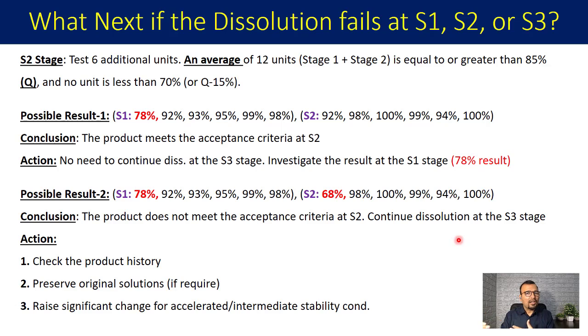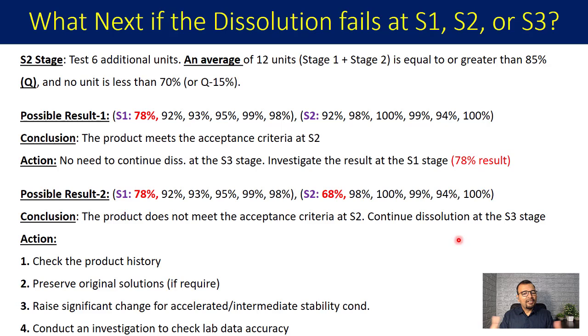In case you are conducting the accelerated or intermediate stability study, you have to raise the significant change, because if you go to the stability guideline Q1A R2, you will find that if the dissolution does not meet with 12 units, that can be called a significant change. So you can raise the significant change, and then identify the action plans you have to do in case the significant change occurs.